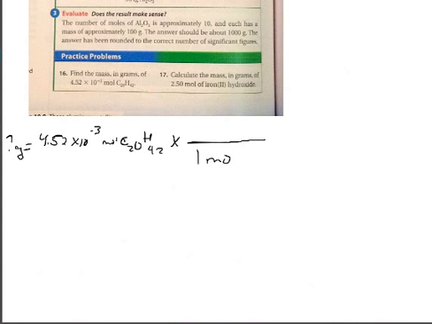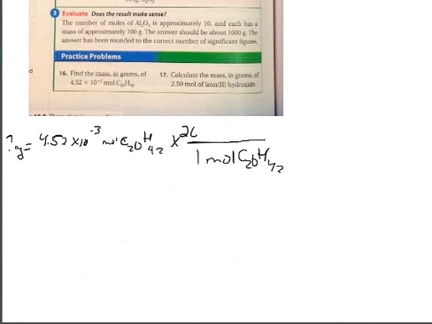Alright, so number 16 says, find the mass in grams of 4.52 times 10 to the negative 3 moles of C20H42. So, how many grams equals 4.52 times 10 to the negative 3 moles of C20H42. The way that I'm going to do this is I'm going to say 1 mole of C20H42, and on the top I'm just going to do the calculation as we go.